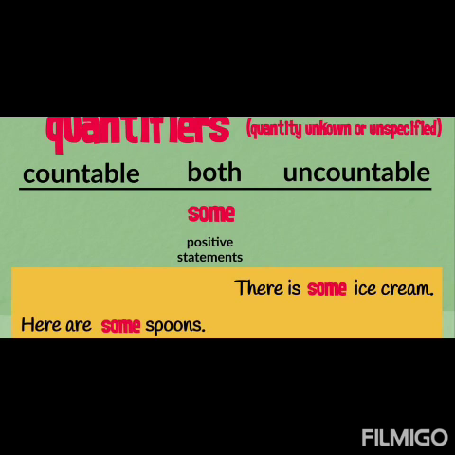Other quantifiers that are used to represent quantity unknown or unspecified are some and any. We use some and any with both countable and uncountable nouns. But where we have to show positive statements, we use some. There is some ice cream. Here are some spoons.